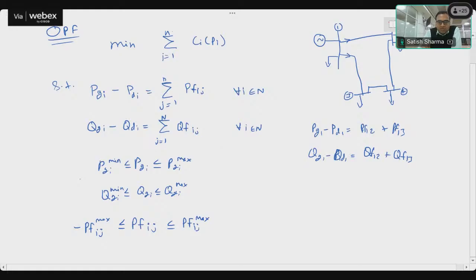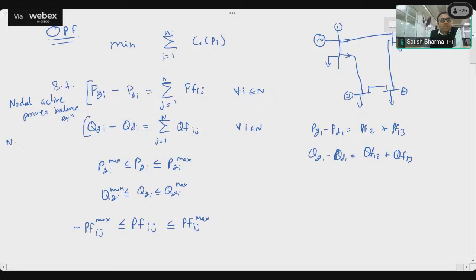If you look at this particular problem, based upon different assumptions we can divide the entire problem. Here, these are certain names we have. This is called the nodal active power balance equation, since we are writing it at every node.